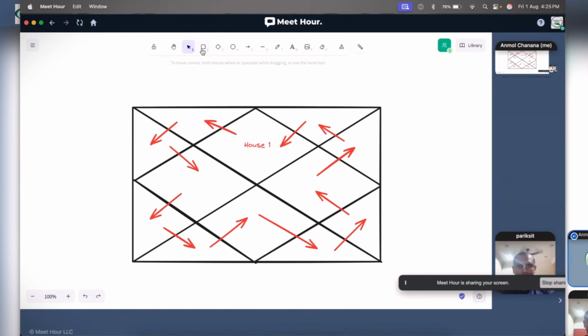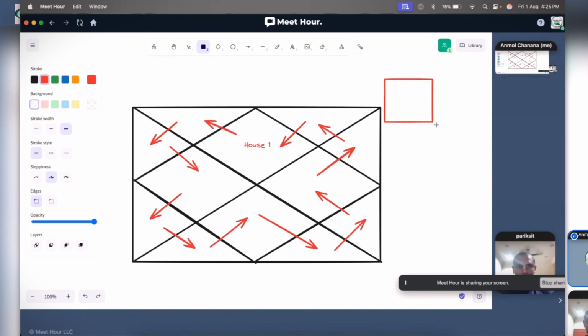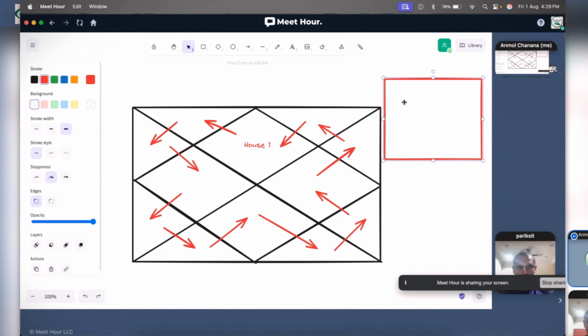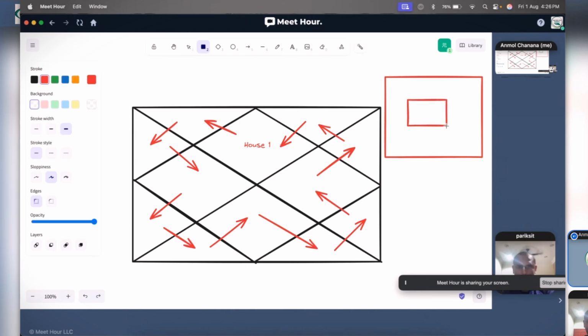You have seen South Indian style, right?